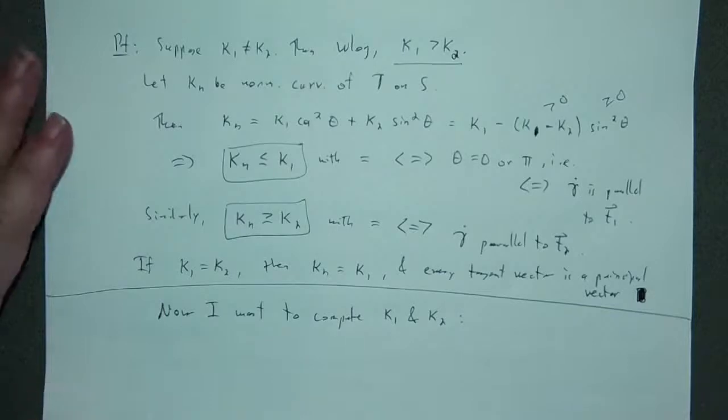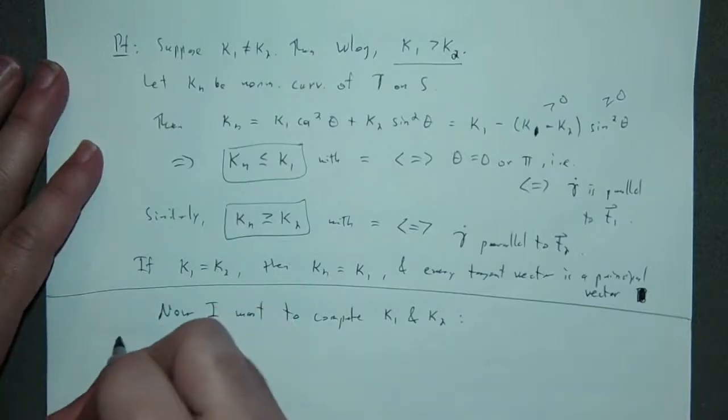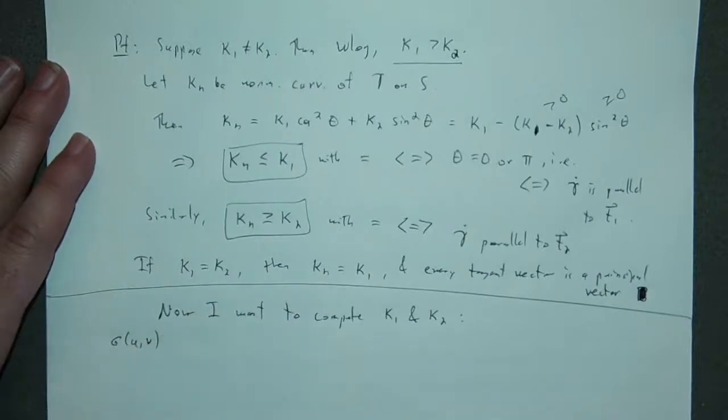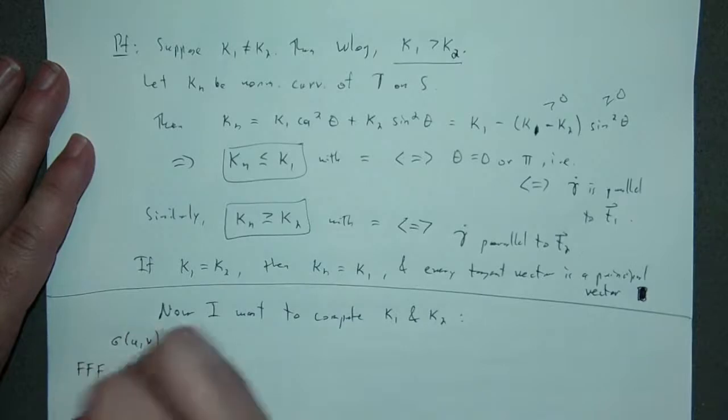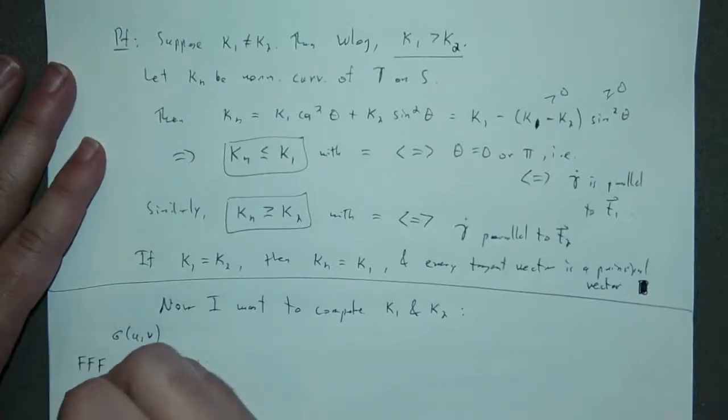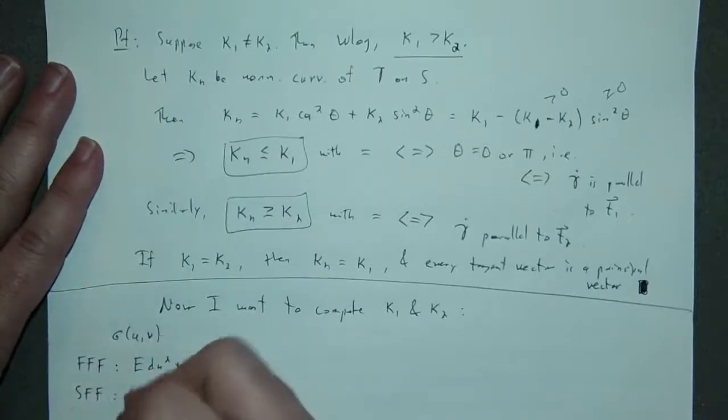Well, first of all, let's let sigma be our surface patch as usual. We want our first fundamental form to be the same as normal, E du squared, and so on. And we want the second fundamental form also as normal. This is L du squared, and so on.